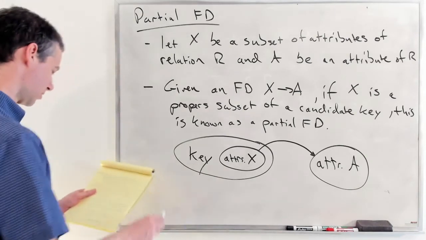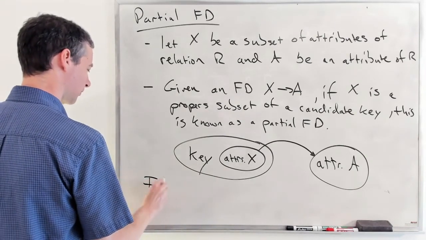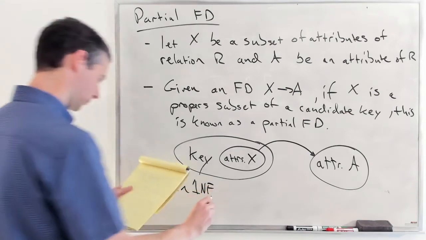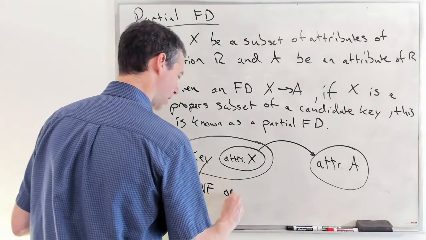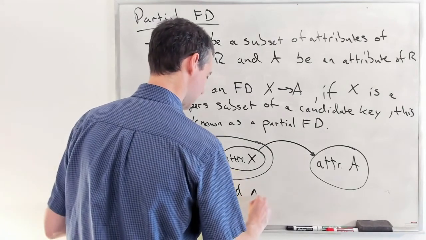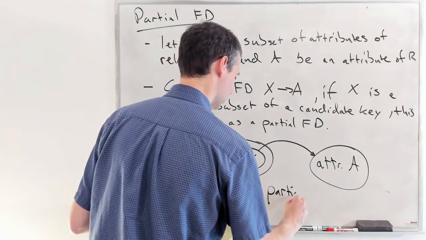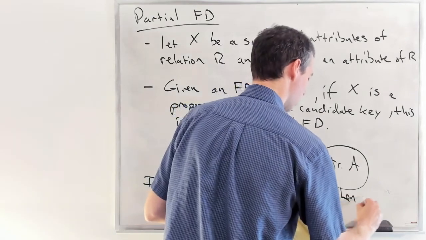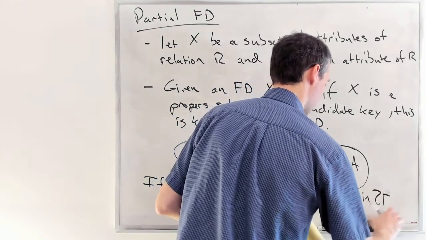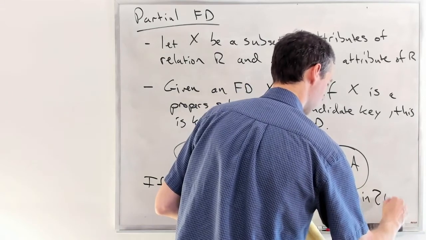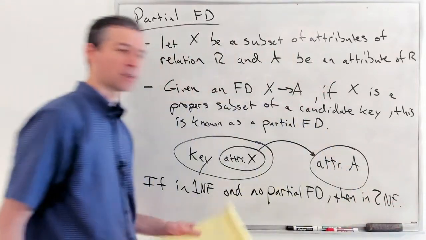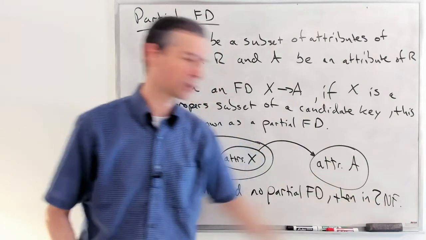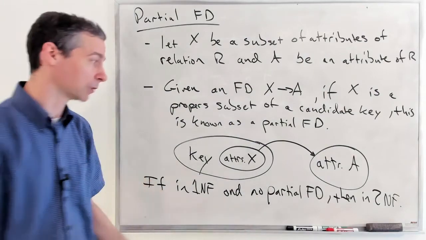And so if we are in first normal form, and then we look at our tables and see that there are no partial functional dependencies, then we know we are in second normal form. So that's just definition. You look in the book and the books will say this is just of historical significance. Let's move on.